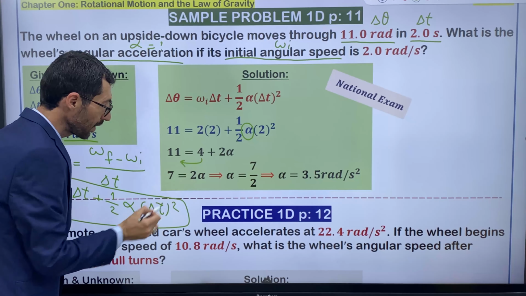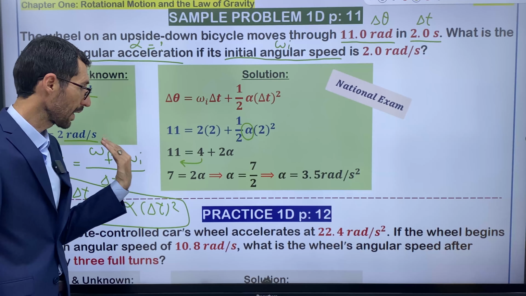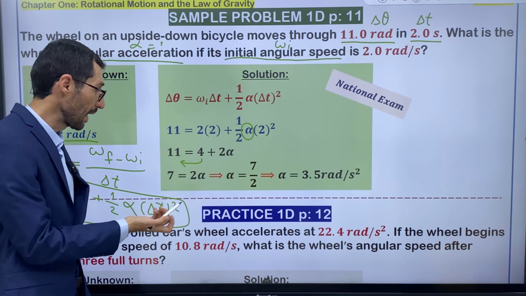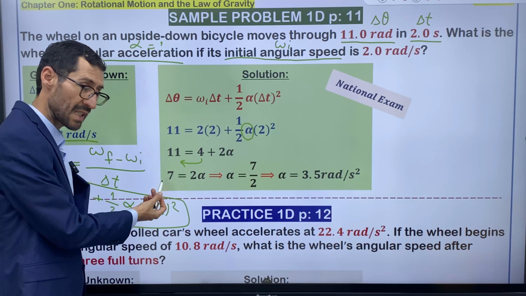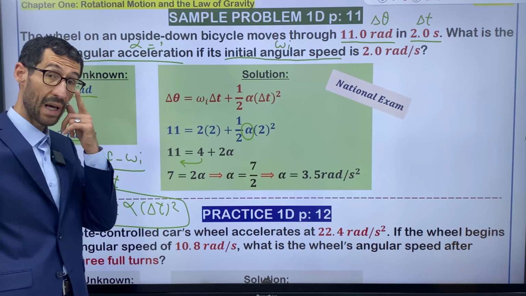I move this one from the right side to the left side, so 4 comes to the left side and becomes negative. 11 minus 4 becomes 7. And on the right side we only have 2 alpha.